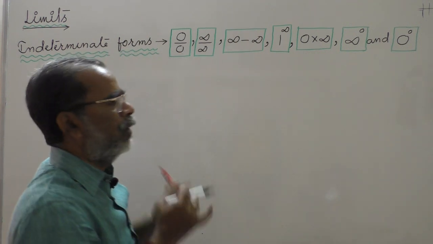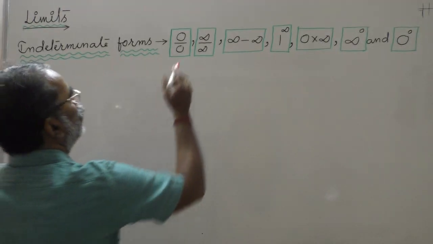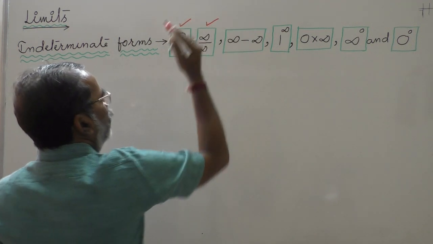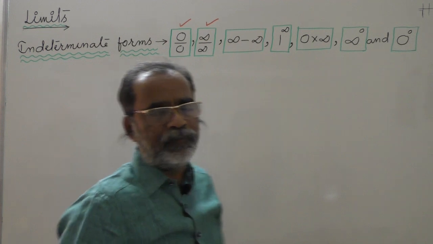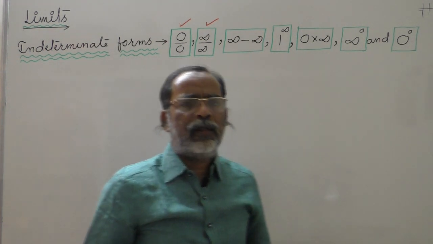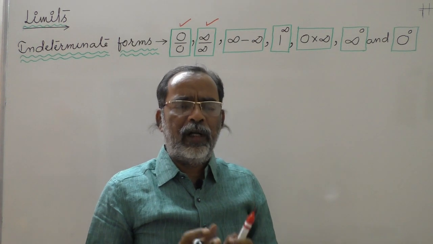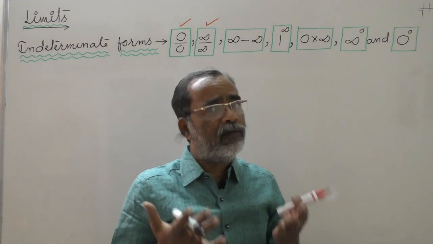Yes, in this video we will discuss these 2: 0 by 0 form and infinity by infinity form. So let us discuss. If you get 0 by 0 or infinity by infinity, then what to do?